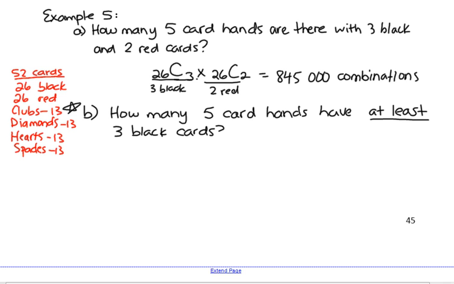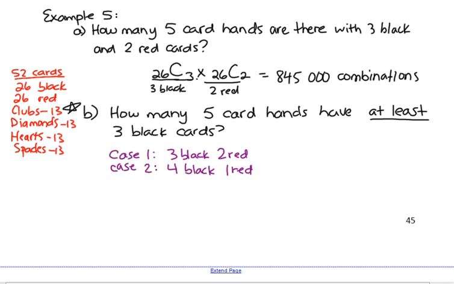Okay, what are our cases? Case 1. Give me one of the cases. 3 black and 2 red. Okay, case 2. It's at least 3. 4 black, 1 red.